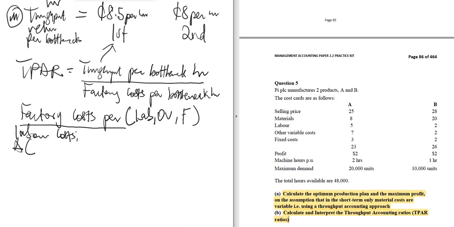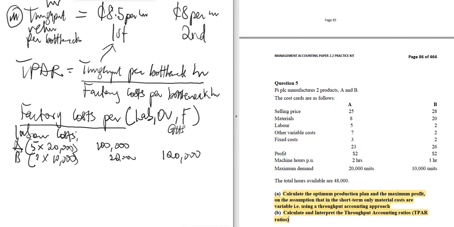So for A, labor is 5, but I'm producing 20,000 units. And for B, the labor cost is 2, and I'm producing 10,000 units. That means for labor cost, I have 5 by 20,000, 100,000, and 20,000, which gives us 120,000 as factory costs.